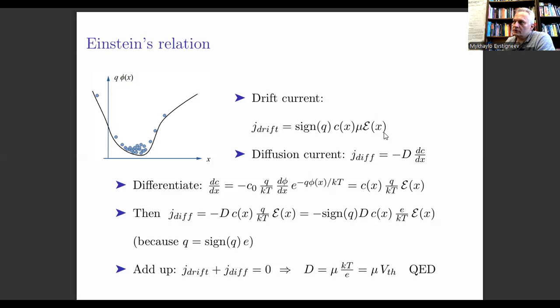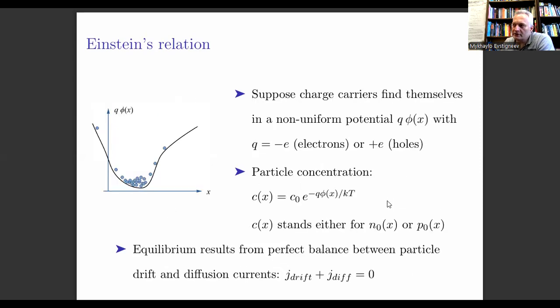In conclusion, I want to say that Einstein's relation relies on classical statistics because we have used Boltzmann's formula for the non-uniform carrier concentration.